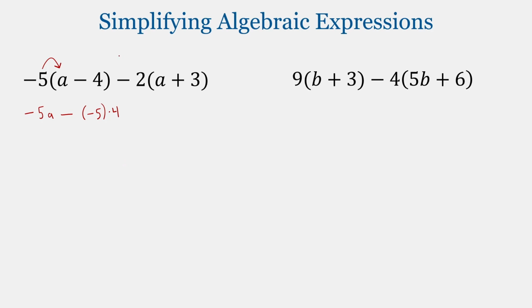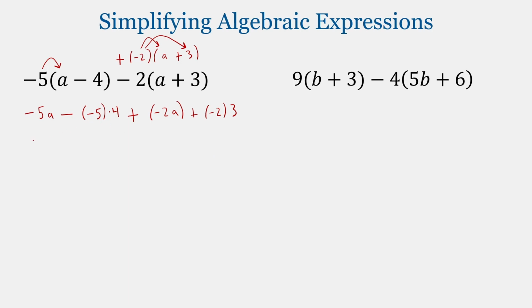Now for this, I'll go ahead and change this to plus negative 2 times a plus 3. So here we are multiplying by negative 2 to both of these terms within the parentheses. So plus, now we have negative 2a plus negative 2 times 3.